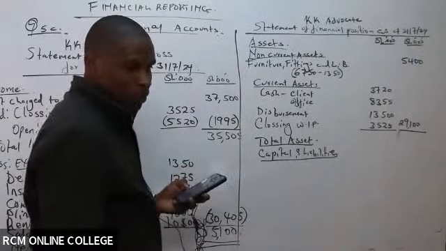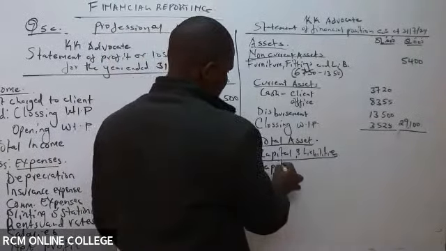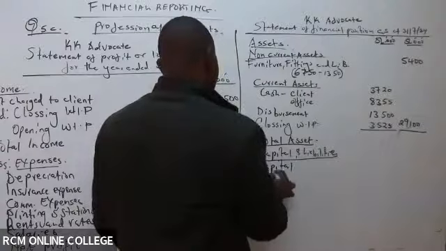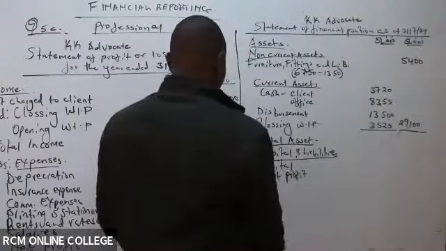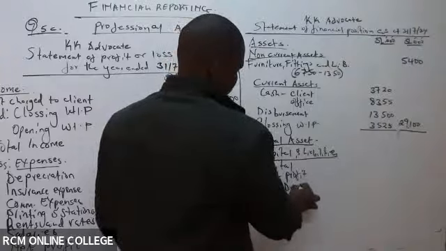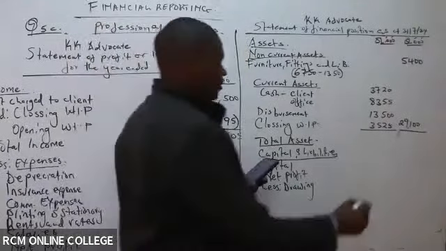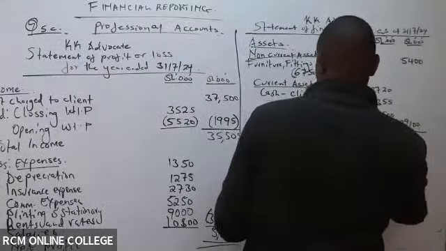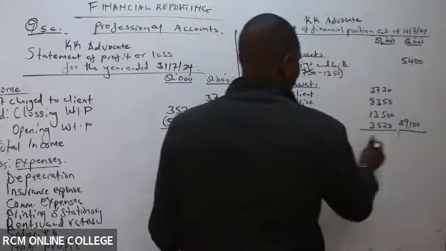Then we go to capital, then net profit, less drawing. 34,500. Why did I underline this?